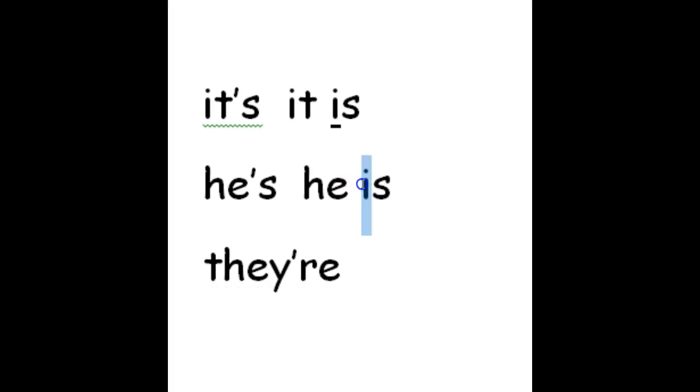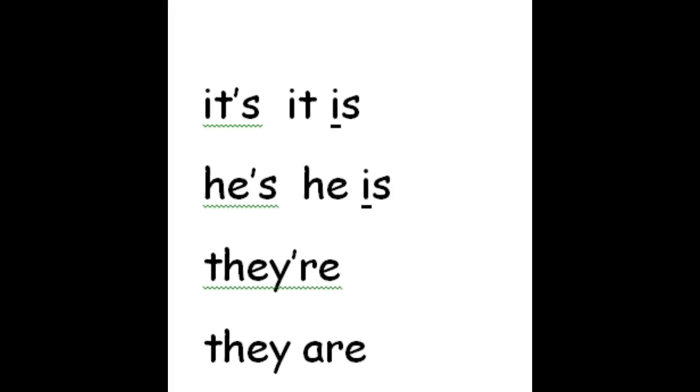Again, we took out the I in is and replaced it with an apostrophe. They're stands for they are. The apostrophe replaces the letter A in are. Do you see that? That apostrophe stands for letters that are taken out or replaced.